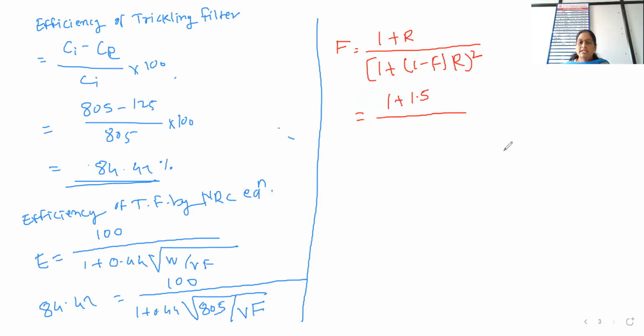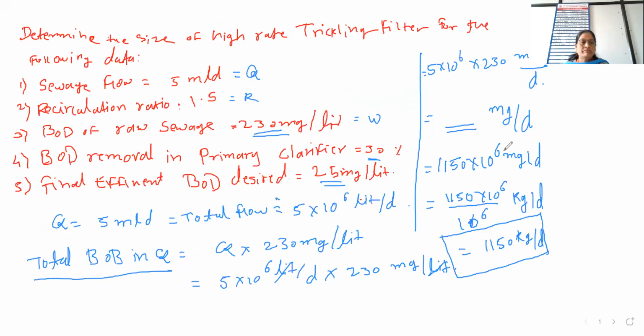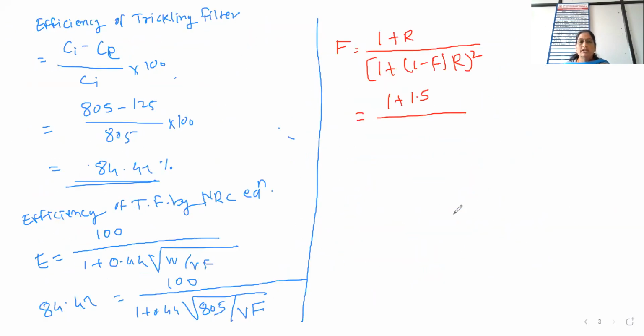In the example itself, you can look at here. So the recirculation ratio is given to you, 1.5. So from that we have taken 1.5.